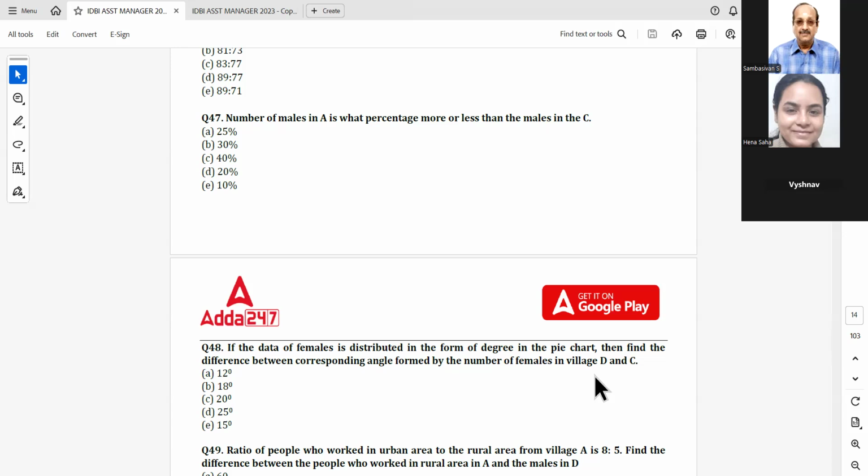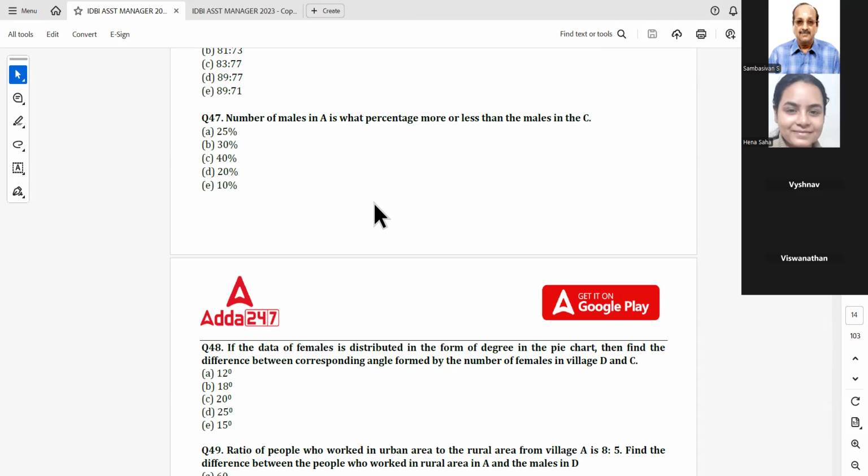Total number of women is 1200, because 300 plus 550 plus 150 plus 200 is 1200, and this 1200 you must distribute in the form of a pie chart. But there is no need for putting in a pie chart.